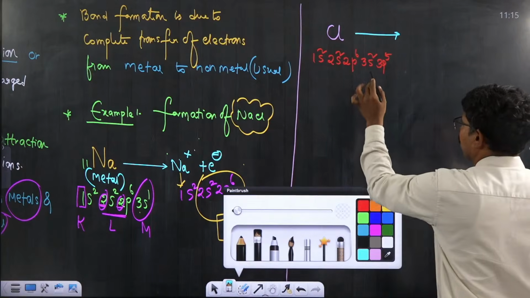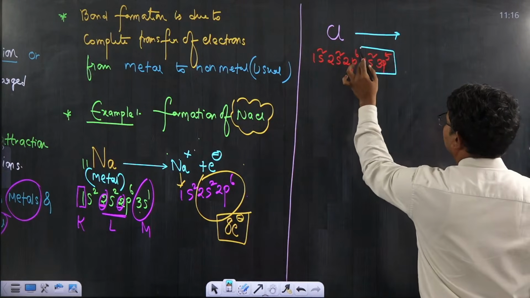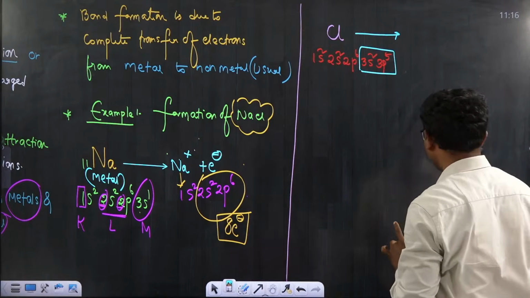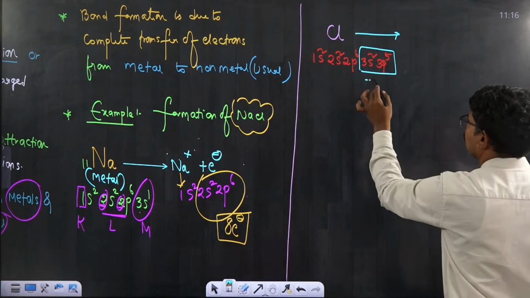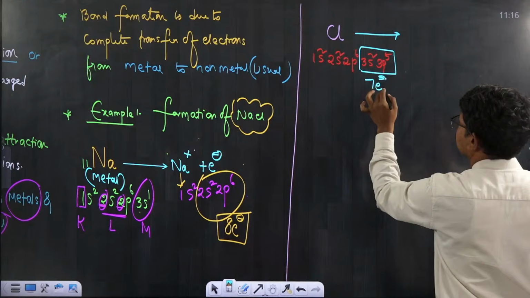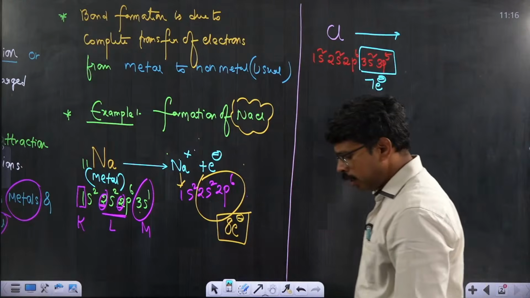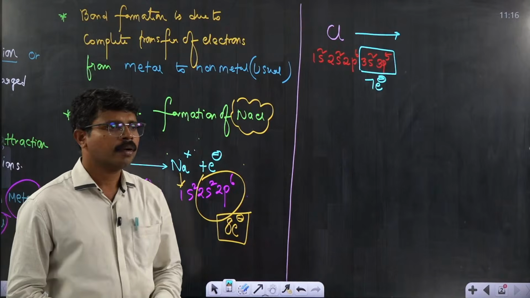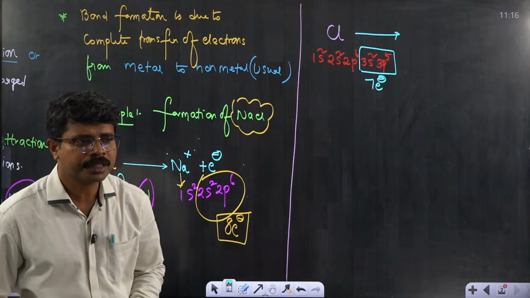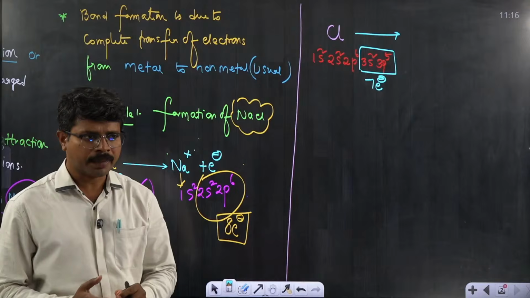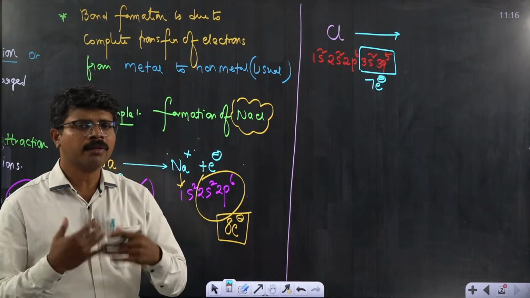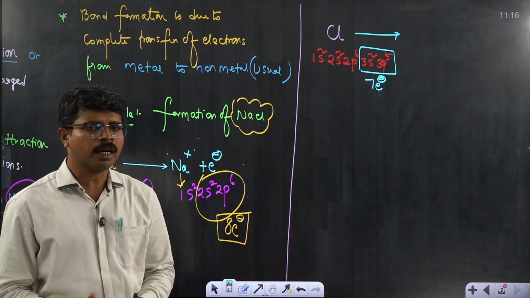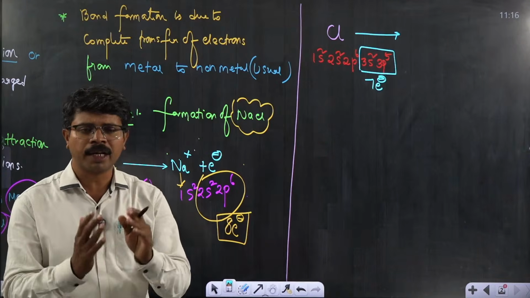If you observe the outermost electronic configuration of chlorine, it has 7 electrons. So chlorine is short of how many electrons for octet configuration? I mean to ask in this way: in order to attain its octet, chlorine has to have how many electrons?